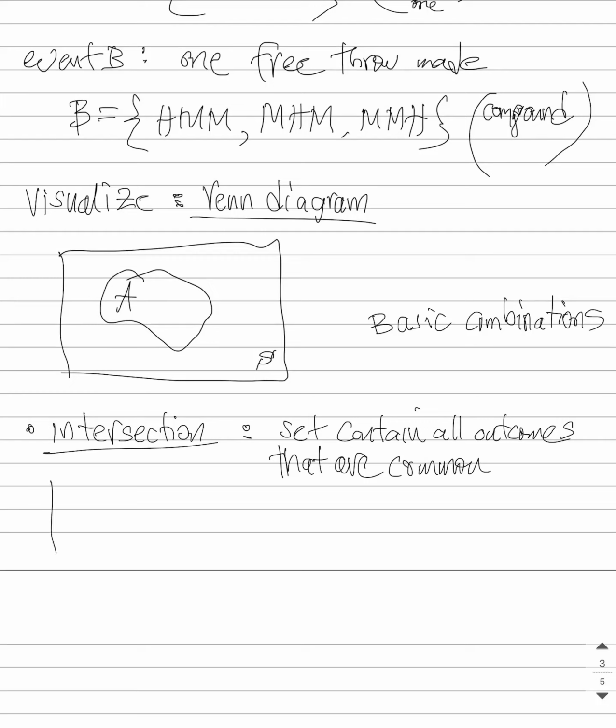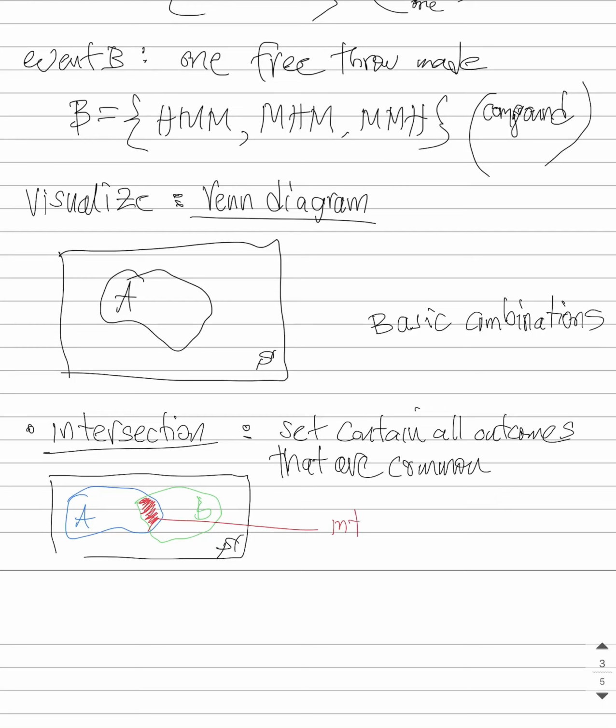So in terms of a picture, if that's my sample space, I'm going to draw event A. I'm going to draw event B. And then I'll take a look and I'll say, okay, do A and B have any outcomes that are common? And if I can see this visually, that's going to happen where the two blobs overlap. And so this region right in here is what we call the overlap.